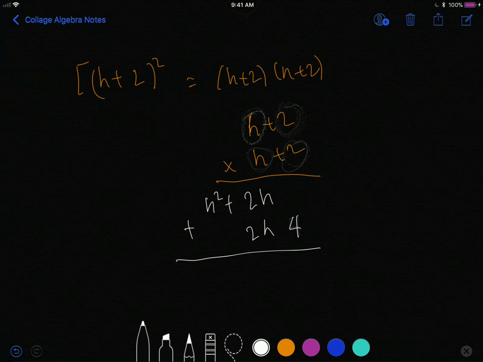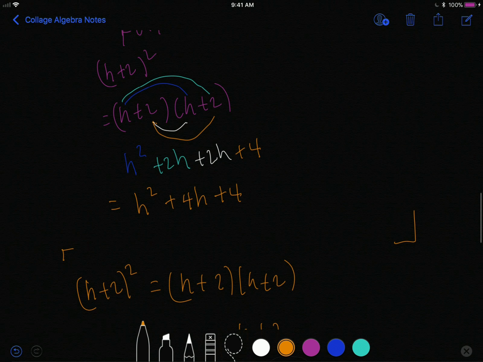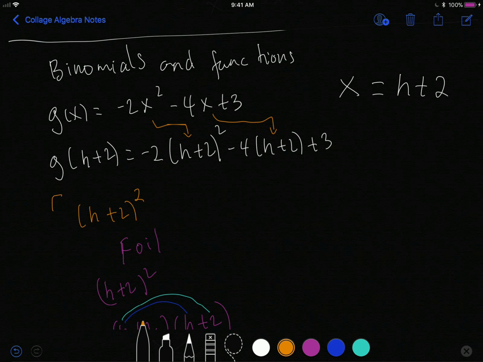And then you just add them together. That leaves us with h squared plus 4h plus 4. Now all of that work right here was to answer this simple question: what is h plus 2 squared?